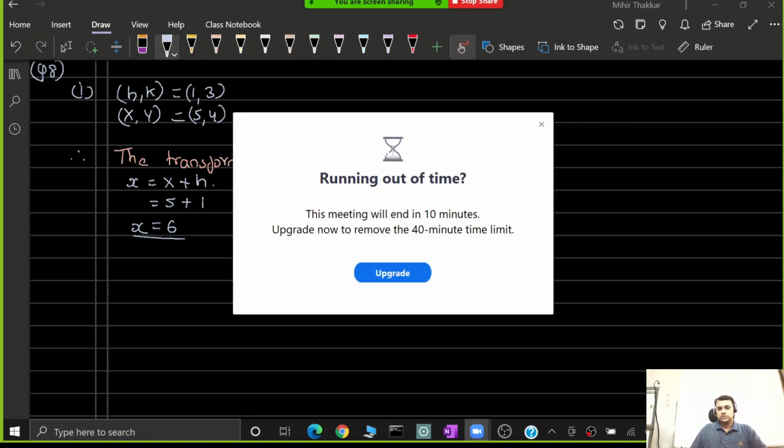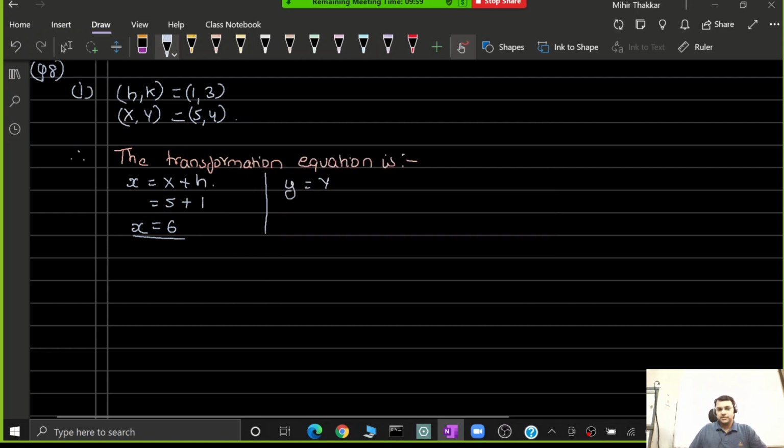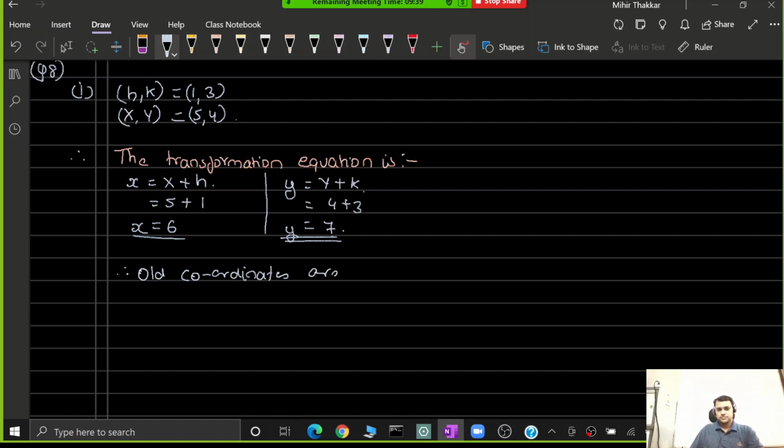Small y is equal to capital Y plus k. So we don't know the value of small y. This is 4 plus 3, which is going to be equal to 7. Therefore, the old coordinates are 6 comma 7. Very easy.